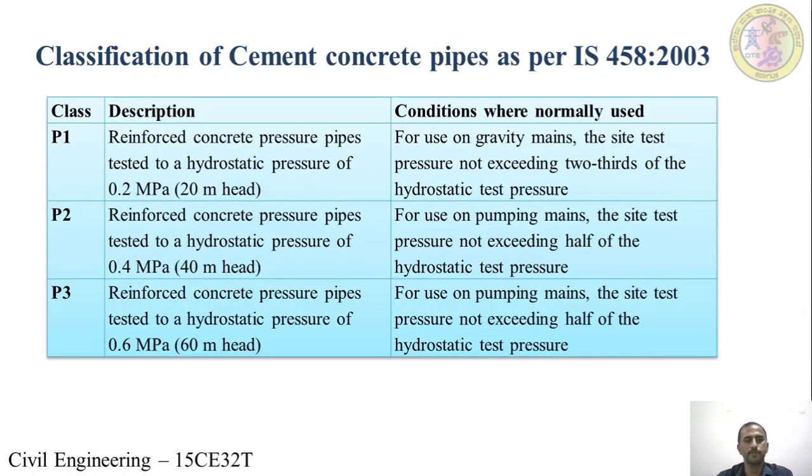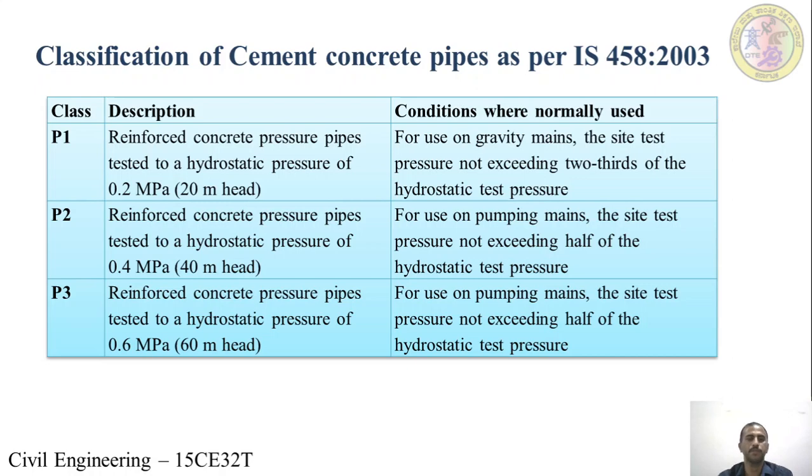They are further classified into P1, P2 and P3. These are subjected to pressure, where P1 pipes are subjected to a hydrostatic pressure of 0.2 megapascal. These P1 pipes are used for gravity mains and the site where the test pressure is not exceeding 2/3 of the hydrostatic test pressure.